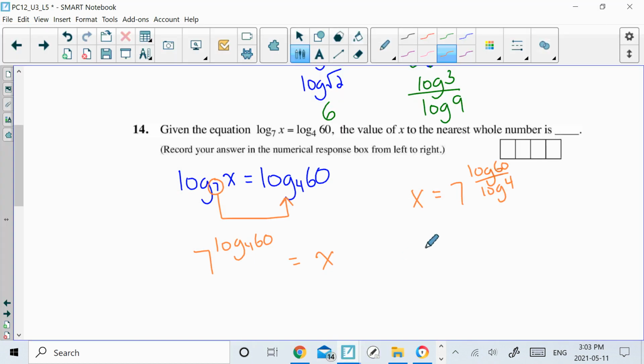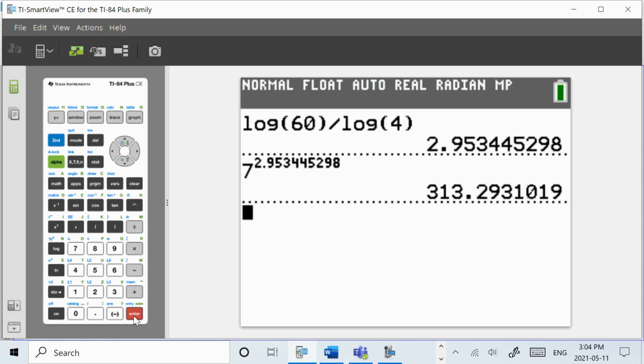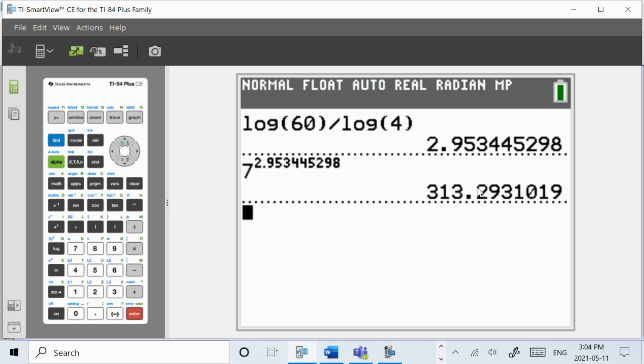So what we're getting is x is equal to 7 to the power of 2.953. And if I evaluate that, we would get x is equal to 7 to the power of, and this answer right here. There's my answer. And it says, what is the value of x to the nearest whole number? The answer would be 313.